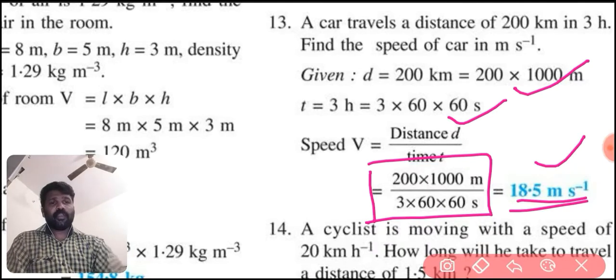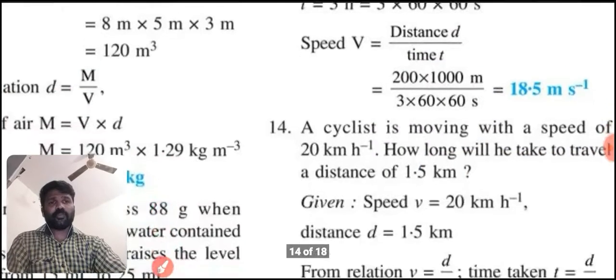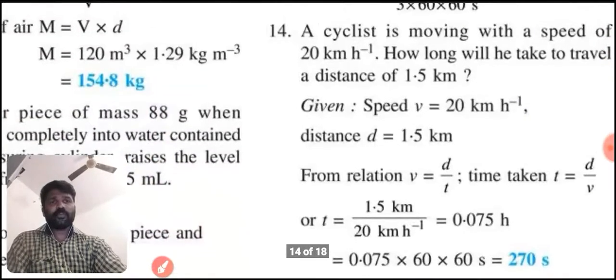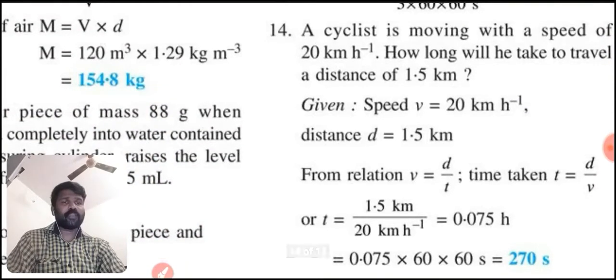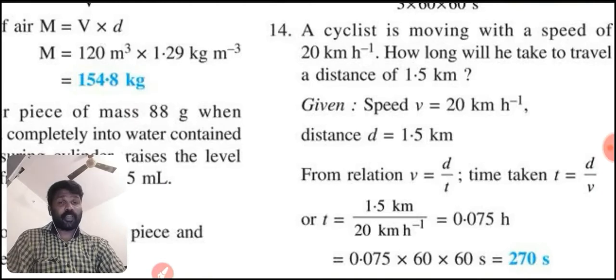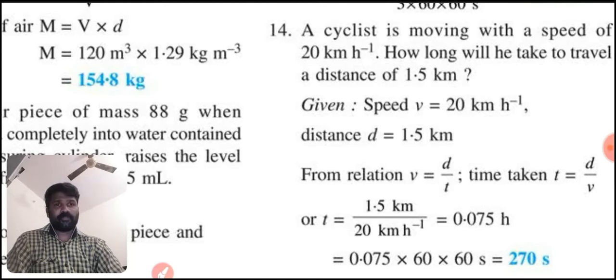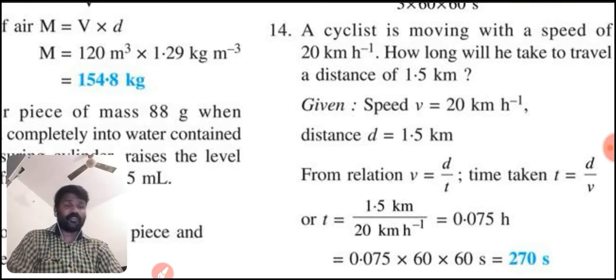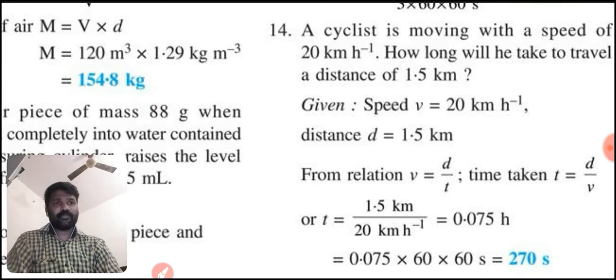Okay. Now we are going to do the 14th solved numerical. Please read the question. A cyclist is moving with a speed of 20 km per hour. How long will he take to travel a distance of 1.5 km?